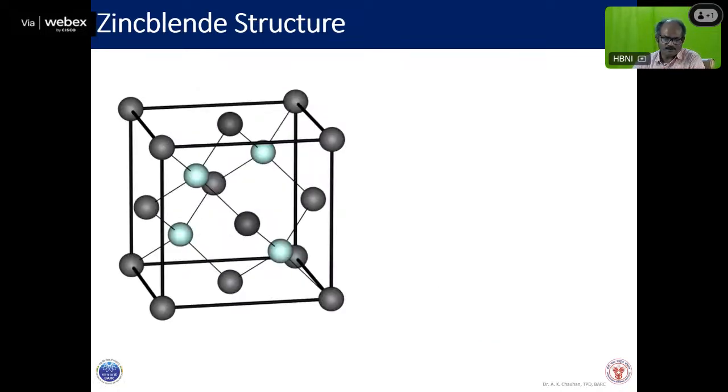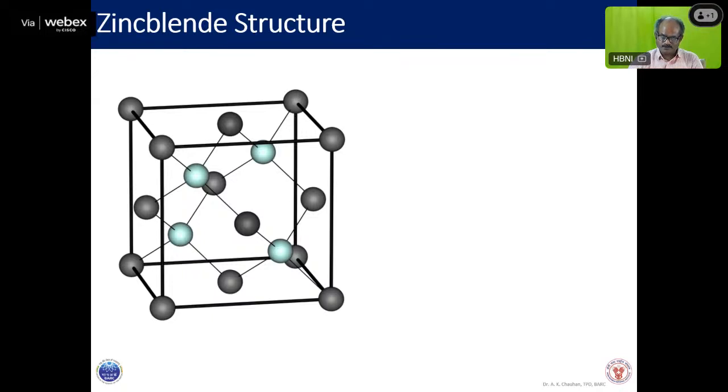Now, exactly similar kind of structure is the zinc blende structure, and this is another important structure. If you understood the diamond structure, you can understand the zinc blende structure also. It is exactly similar. The only difference is, see what we did in the diamond structure: we had one FCC structure and we had another FCC structure.